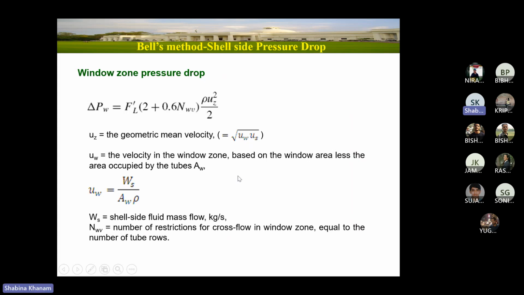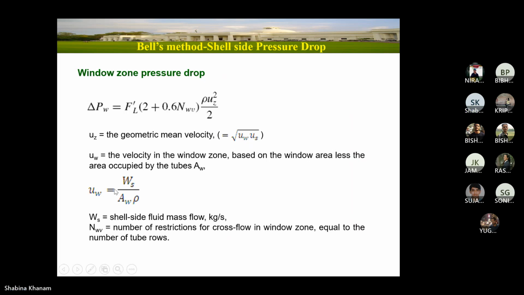The velocity in the window zone is based on the window area less the area occupied by the tubes. Or in other words, it will depend on the flow area in the window zone.